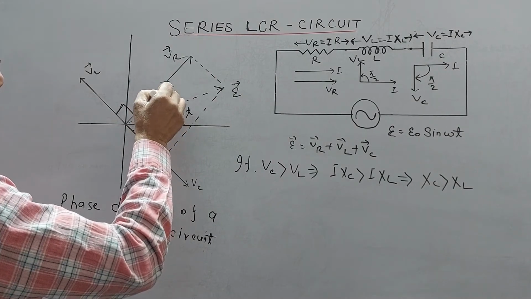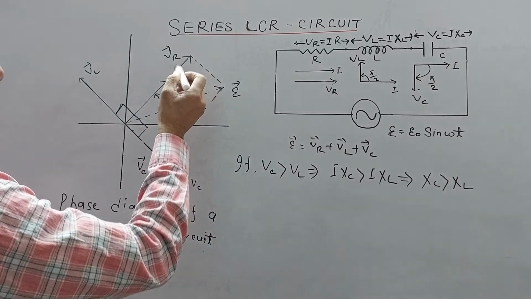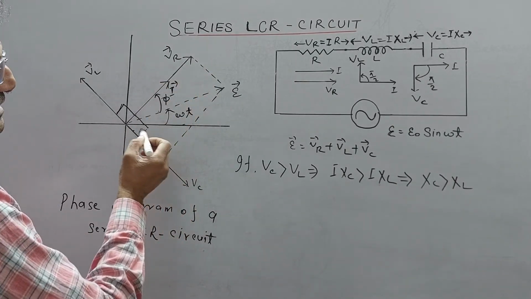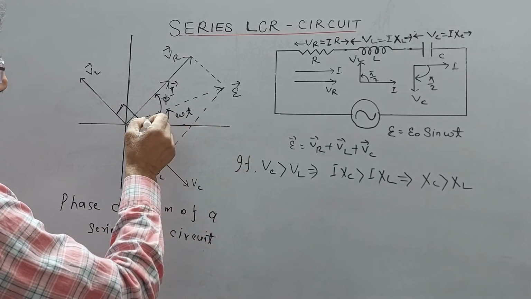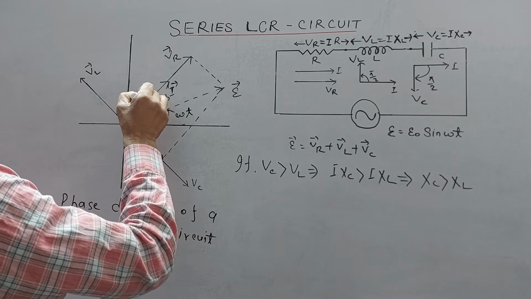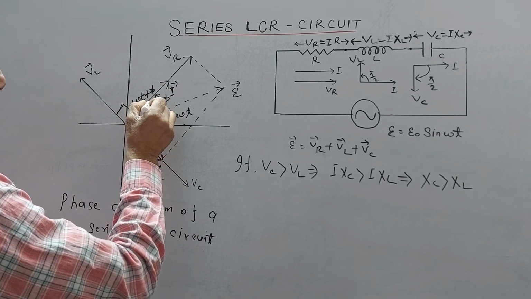So this will be your phi, and the current vector is along this one, making an angle omega t plus phi. So this is your omega t, this is your omega t plus phi.